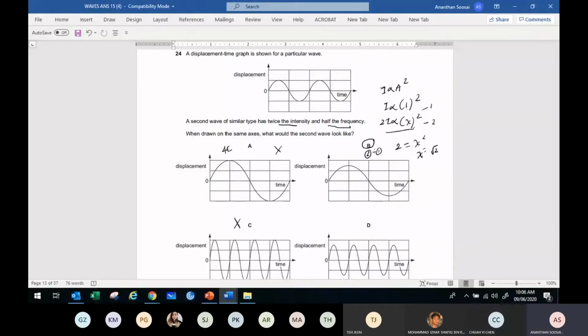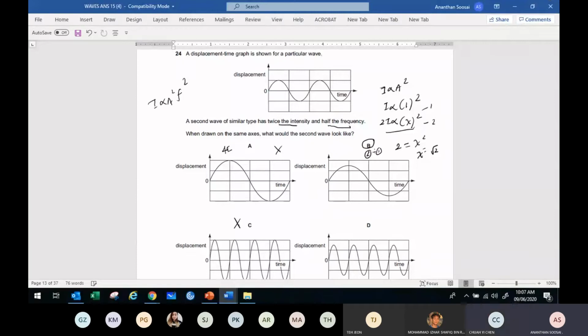Sir, why can't we apply the formula using intensity, amplitude, and also frequency together? Because last time I remember Sir said that when we involve a question with frequency. Yeah, correct. So in your mind, your formula is I proportional to amplitude squared, F squared.